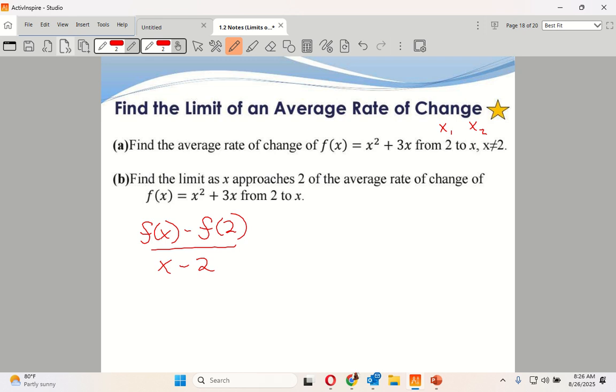Okay, so f of x comes out to be x squared plus 3x, minus my f of 2, which is going to be 2 squared plus 3 times 2.